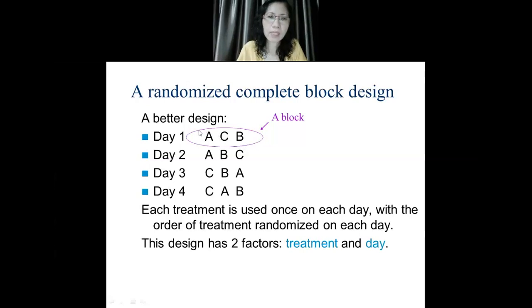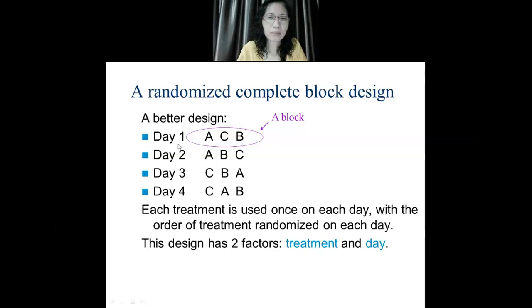Then how does randomization come in? This order can be randomized. For example, A, C, B. We don't have to start from A, B, C. So the order of treatment can be randomized each day, and each treatment is done once each day.